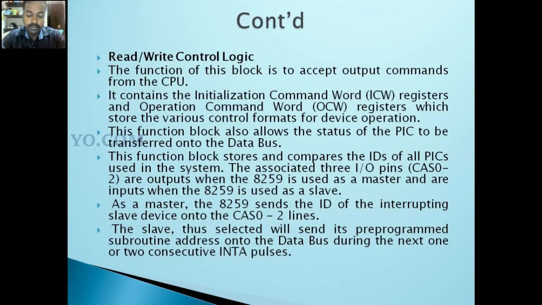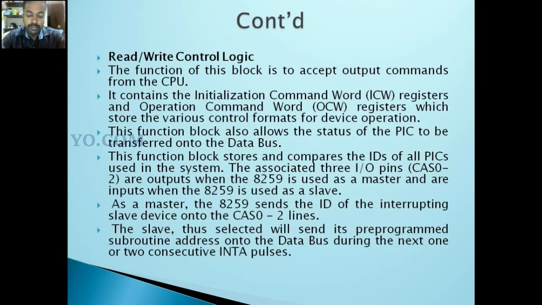So WR is mainly used for write and RD is used to read the 8259. Then INT: this signal is used whenever a valid interrupt request is received by the 8259. So it is used to interrupt the microprocessor. The INT pin is connected to the microprocessor; the 8259 receives all the interrupts and gives them to the microprocessor through the INT pin.